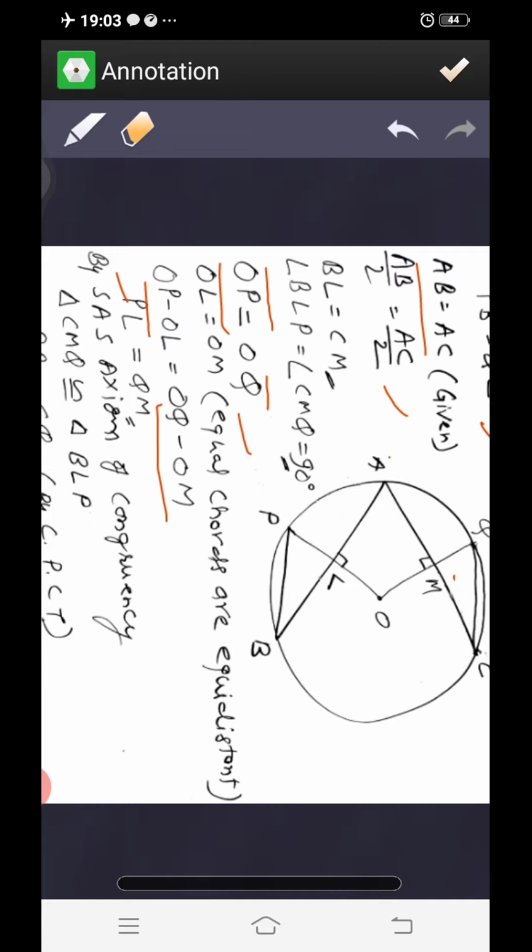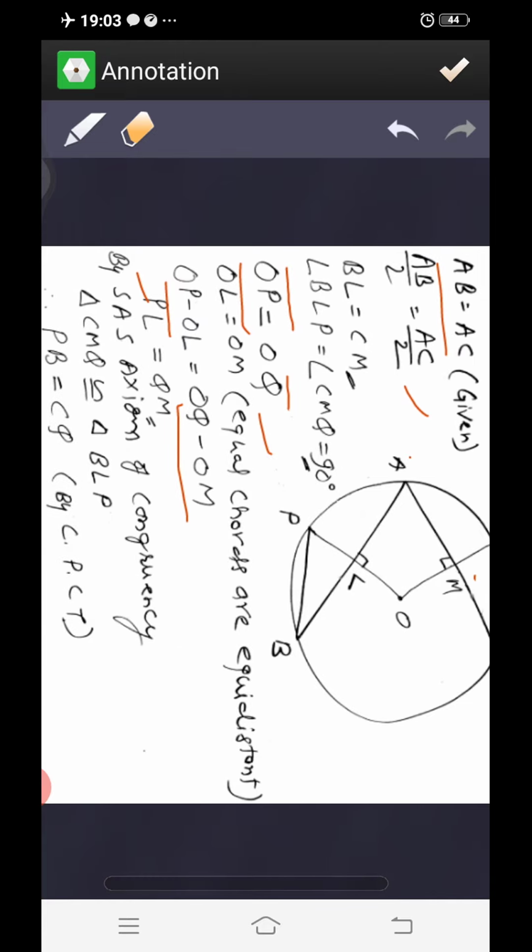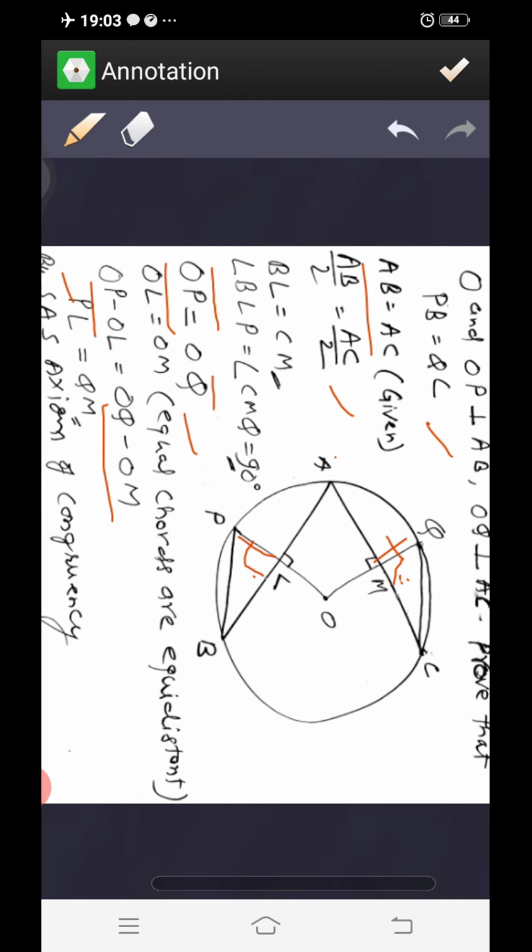Then we can see this angle is 90 degrees, and this angle is 90 degrees, and BL equals CM.